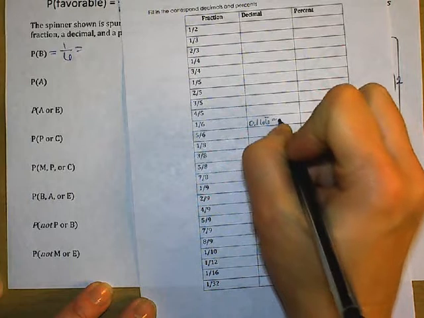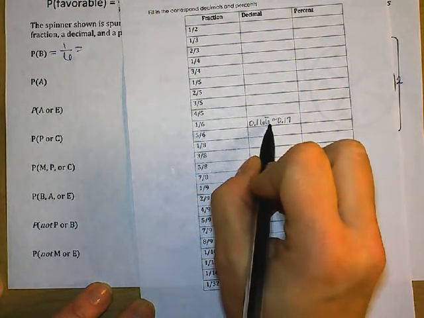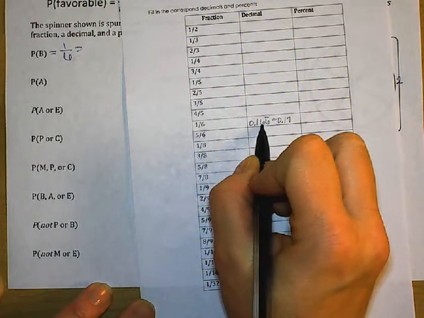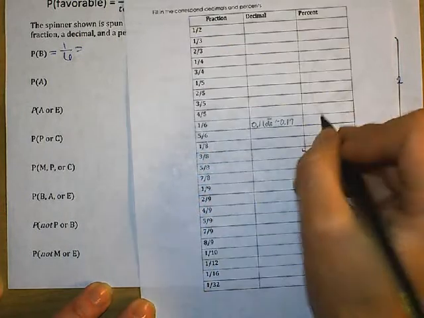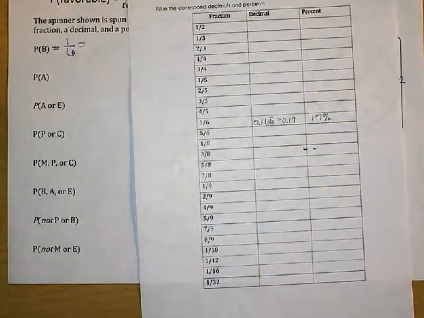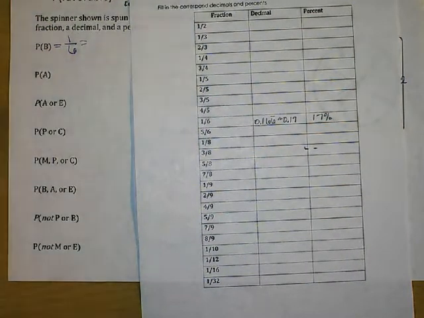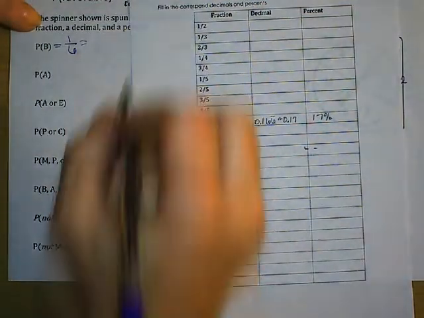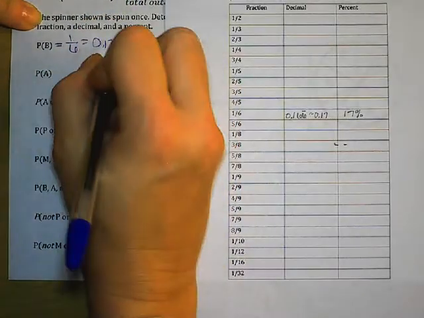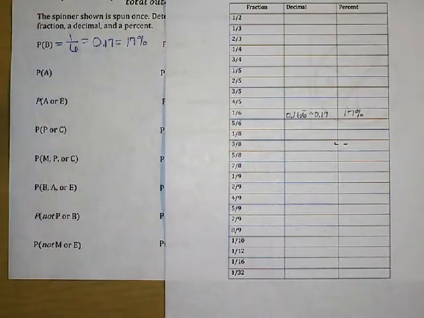So I want to get used to rounding this to 0.17, because since it is 5 or more, this number in the hundredths place will go up 1. So we're just going to round this to approximately 17%. So for the probability of 1/6, we are going to say that it is 17 hundredths as a decimal, and that's equivalent to 17%.